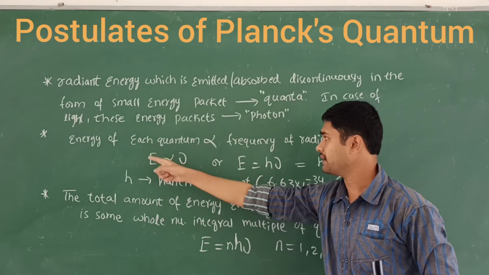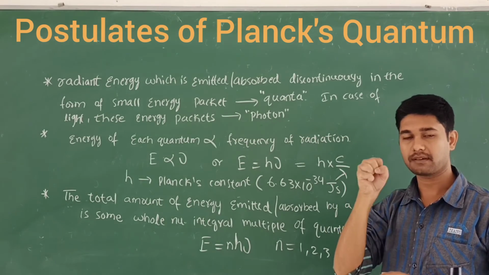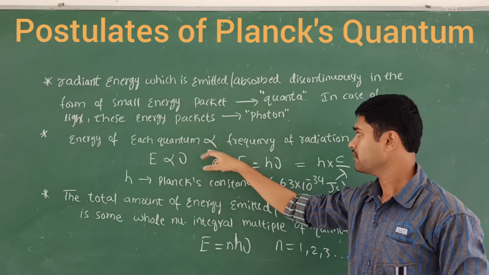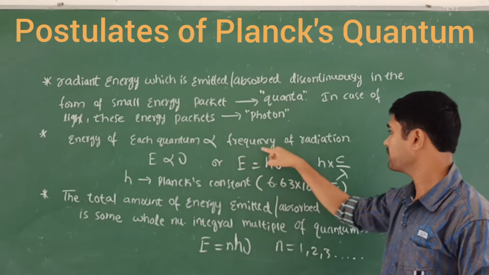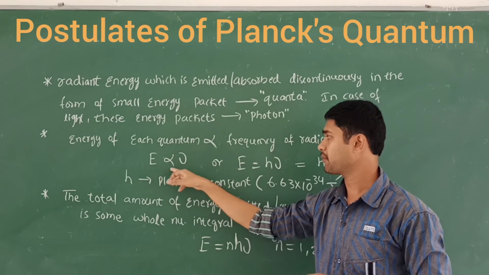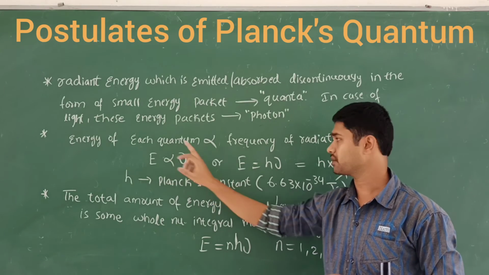Second postulate: the energy of each quantum, that is, the energy emitted as specific radiant energy, is directly proportional to the frequency of the radiation. That is, E is directly proportional to nu, where nu is the frequency and E is the energy of that quantum.